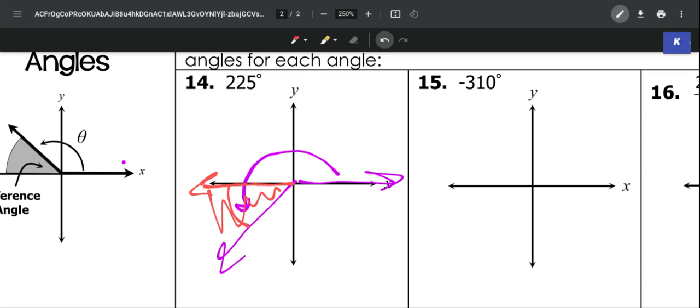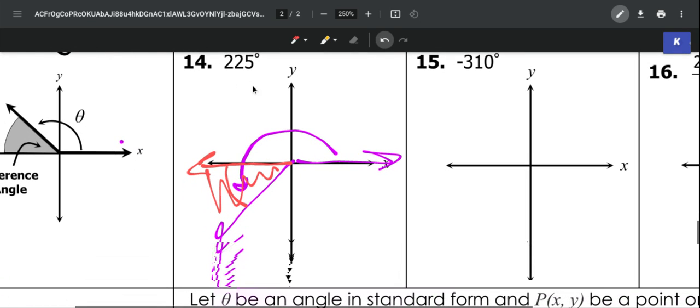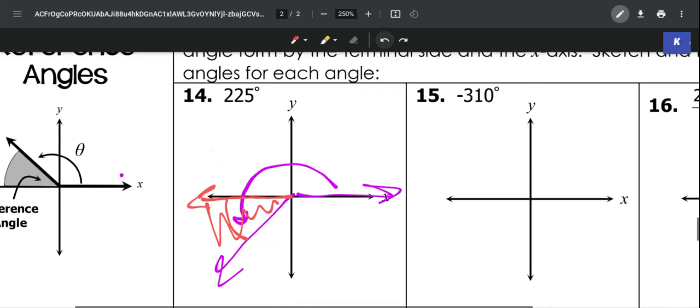Now, that wouldn't be too hard to find because we just would have to take 225 minus 180, because that's a straight line, and we would figure out what that is. Because 180 would be whatever's left over after we subtract out this value here.